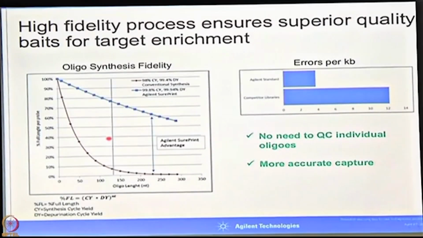We make these baits by oligo synthesis. If you see the error rate in the probes, it is very low in Agilent, like 1 or 2 errors in 1 kb, but others have lots of errors. So we have high fidelity probes, which are biotinylated and used for making the libraries.